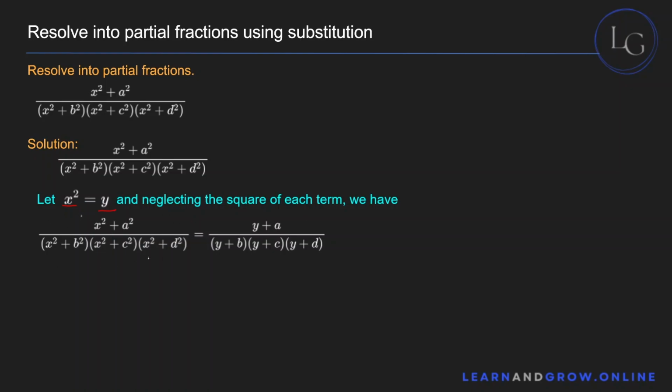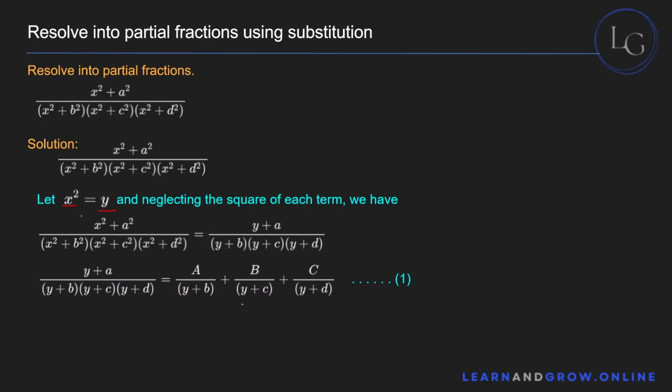This entire expression with so many square terms turns into this simpler expression. The x squared will be replaced with y everywhere, and the other terms will have the squares removed. Now, after that, you'll just proceed like you would with any other first type of partial fraction resolution.